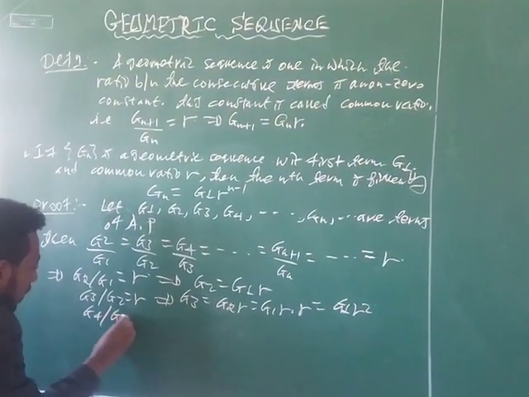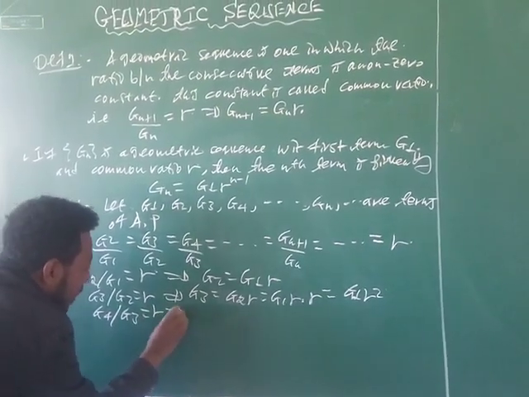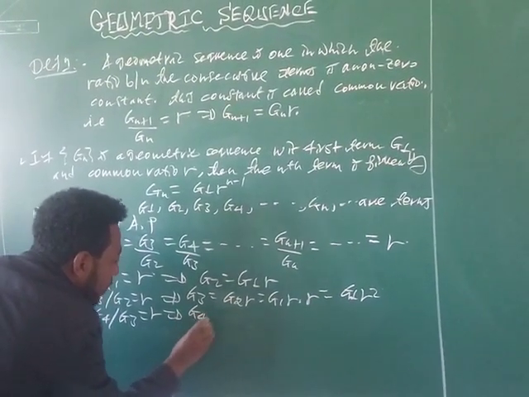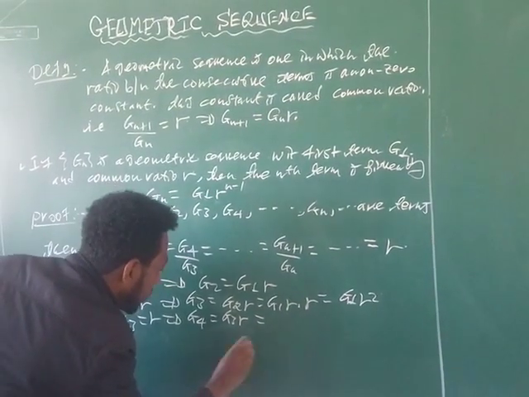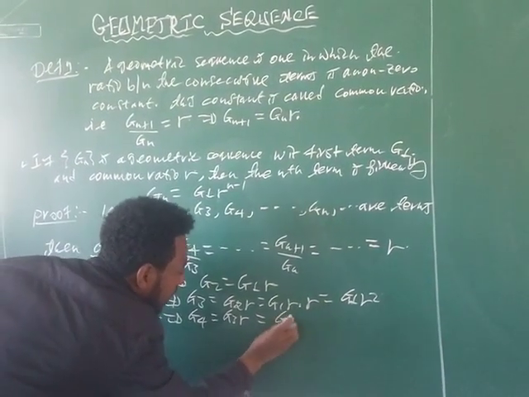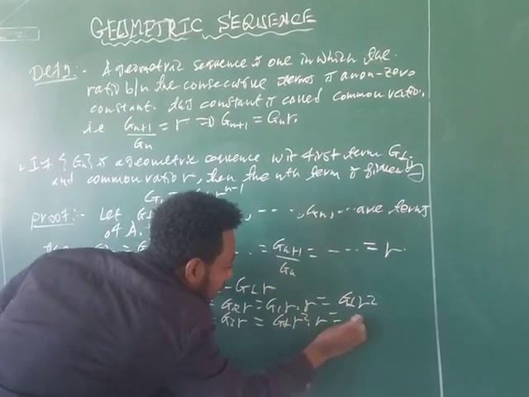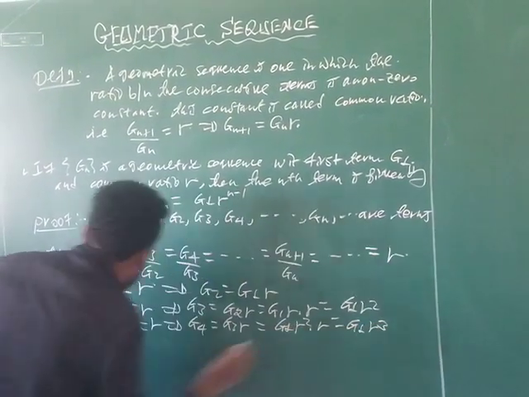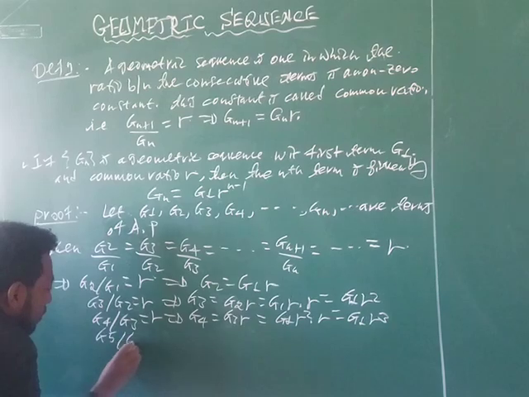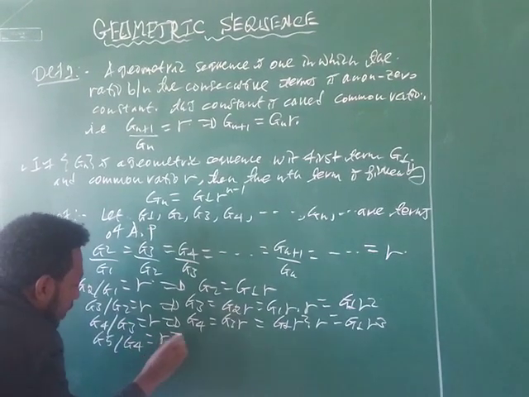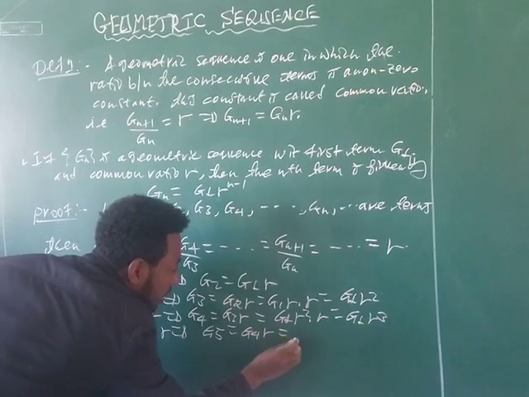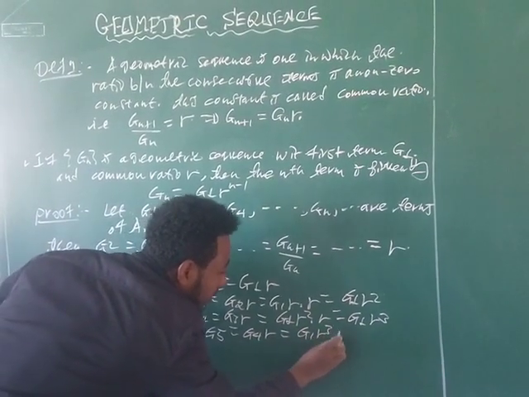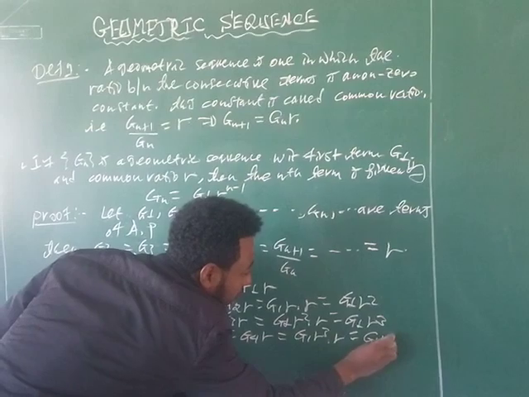g4 over g3 is equal to r. This implies g4 is equal to g3 times r. This one is equal to what? We have g1 r squared times r, so g1 r cubed. g5 over g4 is r, so g5 is equal to g4 r, g1 r cubed times r, g1 r to the 4.